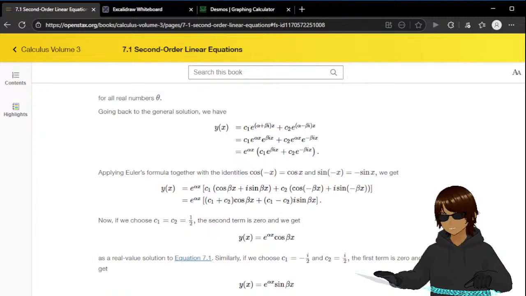Cos of minus x is equal to cos x, so cos of minus beta x will turn into cos beta x. And since this is minus, sine of minus beta x will turn into minus sine beta x, right?